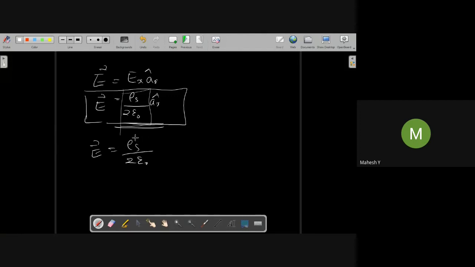So it does not depend on at which point you are evaluating, how far away from the sheet. If you are evaluating anywhere, the electric field intensity will be constant, right? Since we took the sheet along the y axis, or x is equal to 0 plane, we got the expression as ax cap.